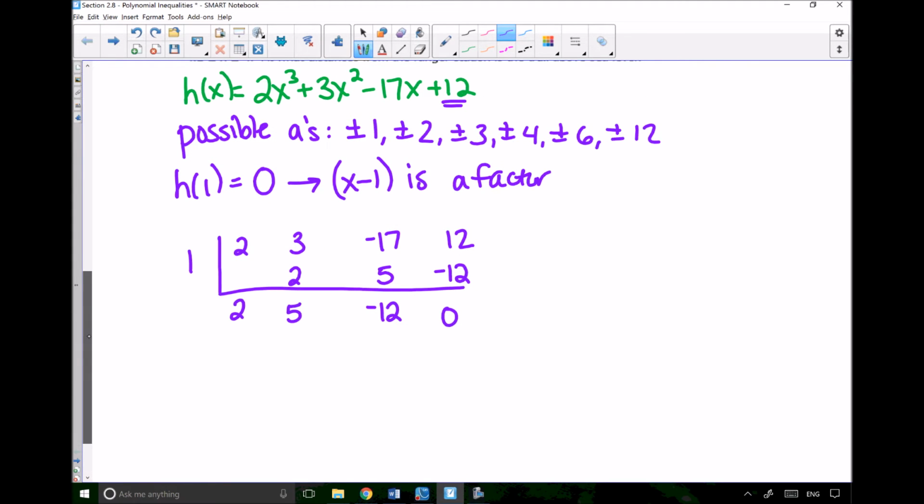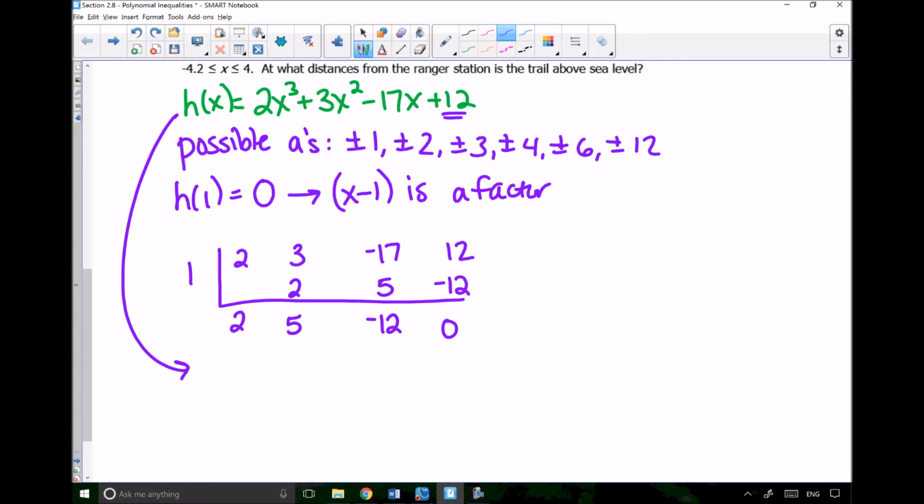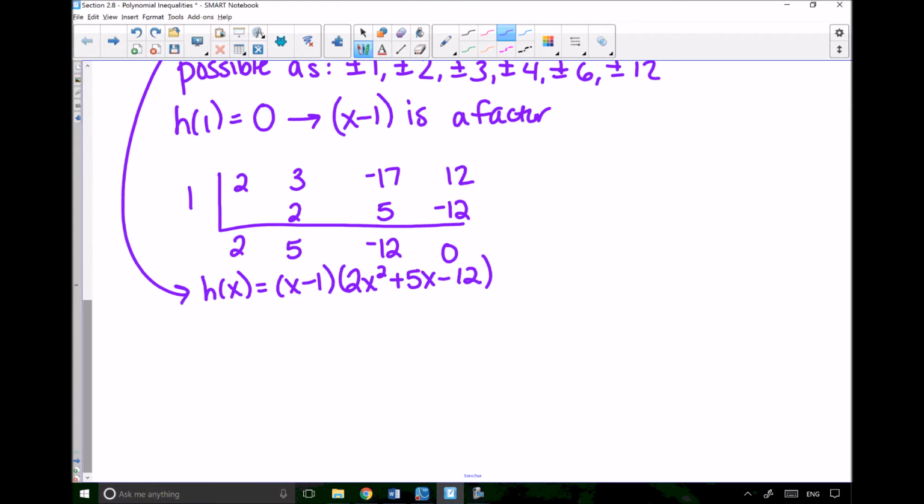So therefore, I can now say that h of x is equal to x minus 1 times, remember this is my remainder, this is the 0th degree, 1st degree, 2nd degree, so this is 2x squared plus 5x minus 12. Now I need to factor my quadratic expression.